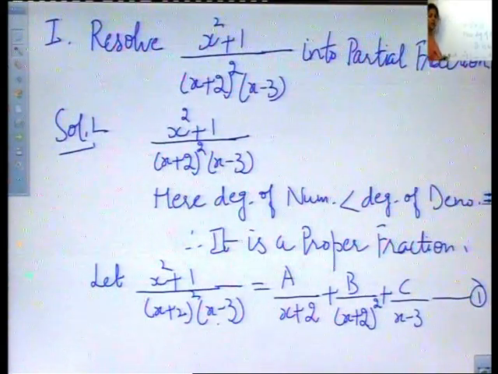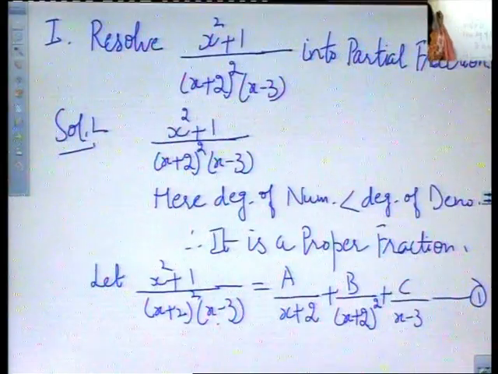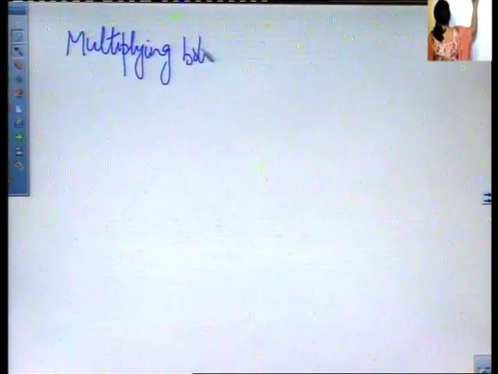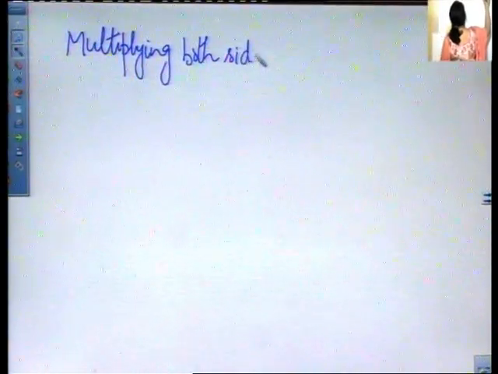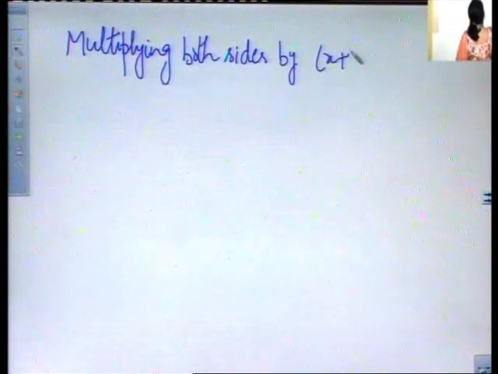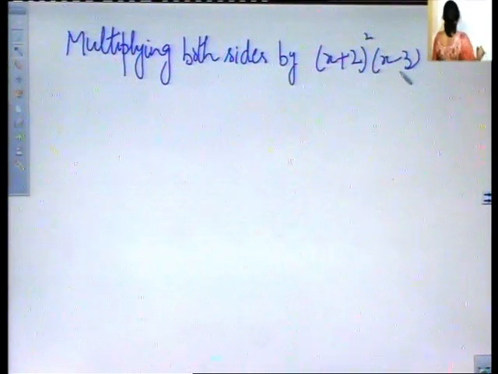Now, the next step is we will multiply both sides by x plus 2 whole square into x minus 3. What do we get?